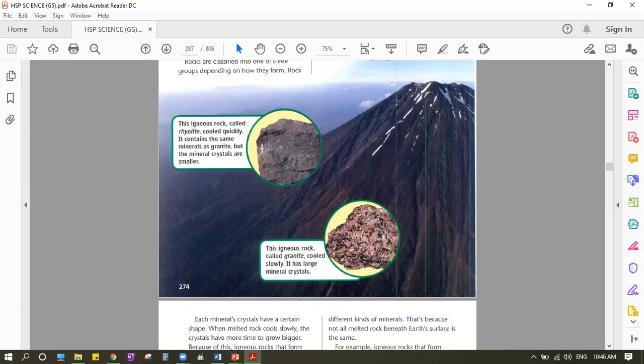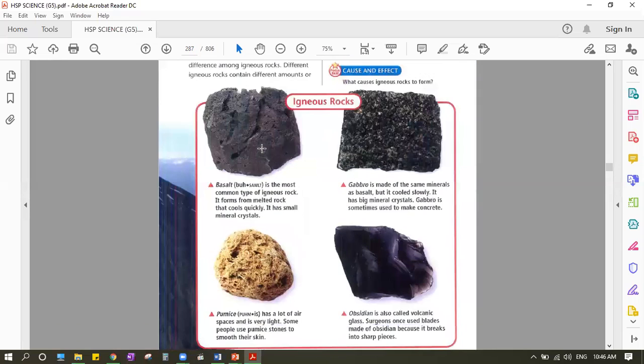If I said magma, that means this rock is made under the ground, which means it's intrusive igneous rock. And if I said it's made up of melted lava, it means it's extrusive, not intrusive. So here, guys, we have some examples of rocks. I will mention them again later in this session.